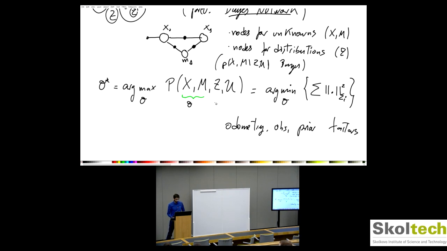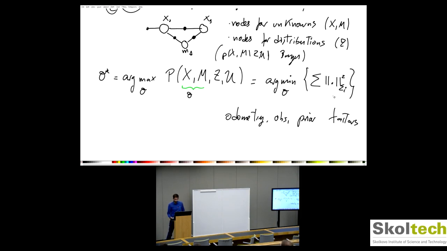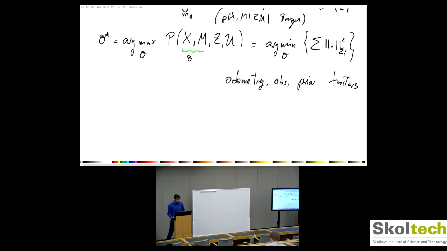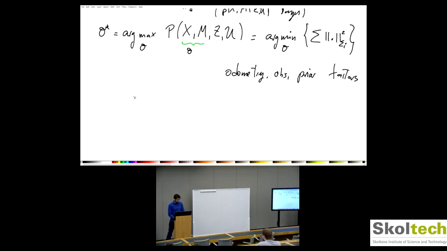Okay, so now we have exactly this minimization with a summation of squared terms. We did some approximations, as always, linearization, and then some manipulations with the covariances. And then it turns out that this problem is actually just a linear least squares problem, right?